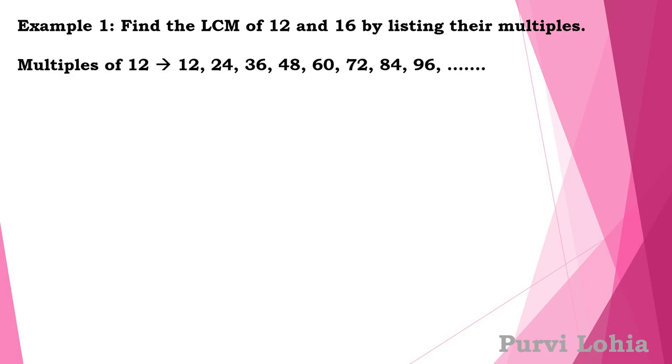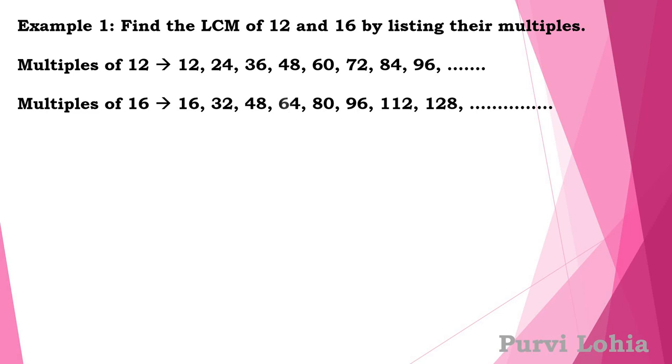These are 12, 24, 36, 48, 60, 72, 84 and 96. And multiples of 16 are 16, 32, 48, 64, 80, 96, 112, 128 and so on. As you know, multiples are infinite, so we cannot write all the multiples here, right? So I have given dots here.